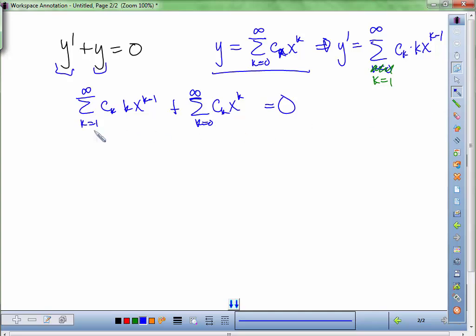So let's write out a few terms for the first series. K starts with 1, so I have c_1, k is equal to 1, x to the 1 minus 1, that's just x to the 0. And then when k is equal to 2, I'll have c_2, k is equal to 2, x to the 2 minus 1, which is x.